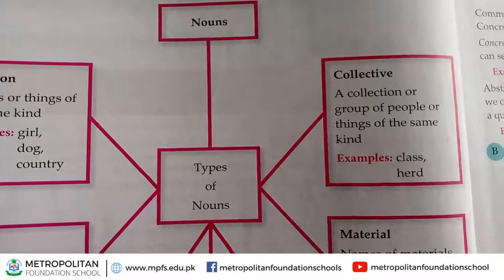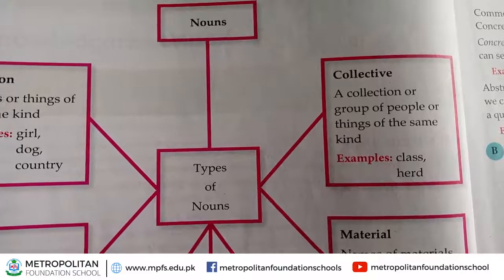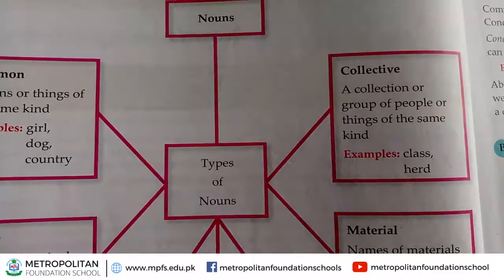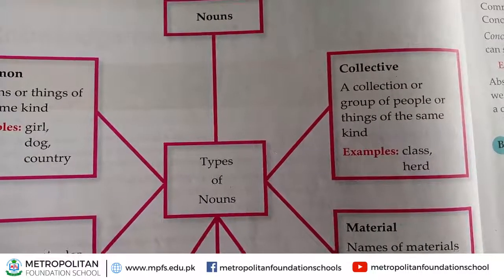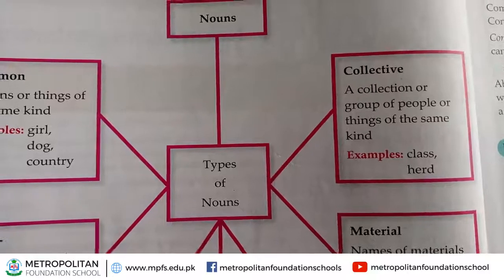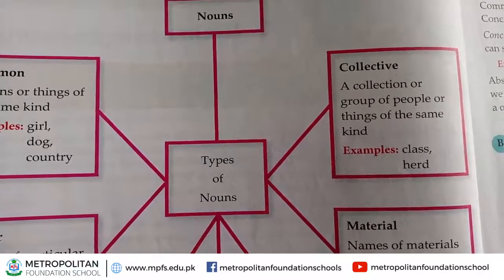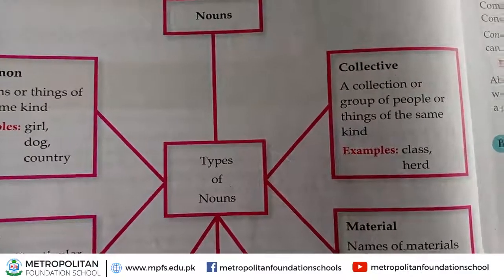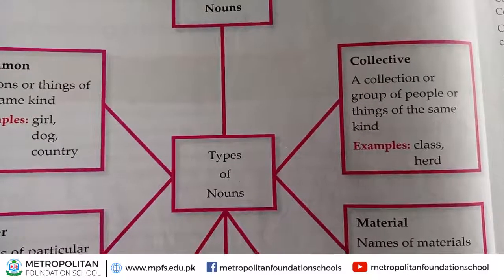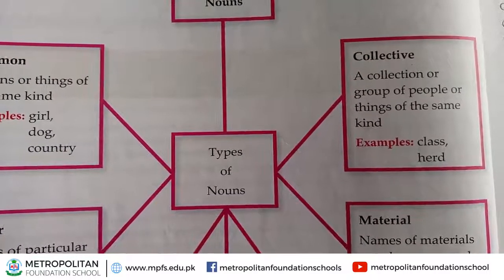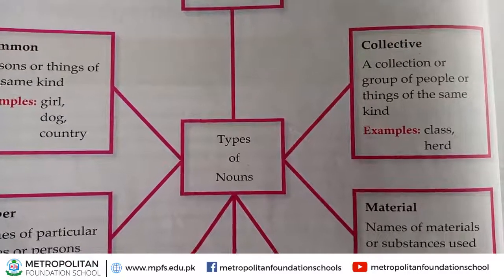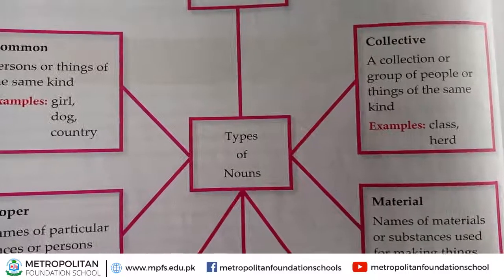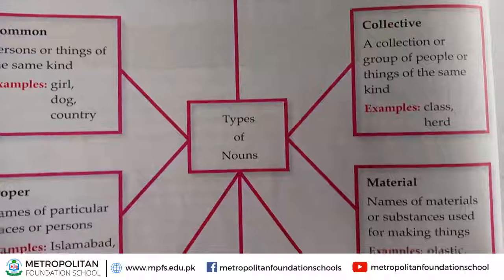Many things or a crowd of people together in one place are called collective, like army, a bunch of flowers, class and herd. Class is also a collective noun because so many students are sitting together. That's why it is called collective, because all the students are collectively sitting in class.